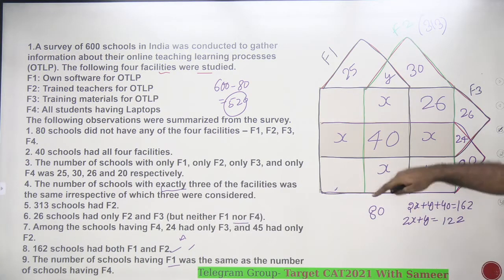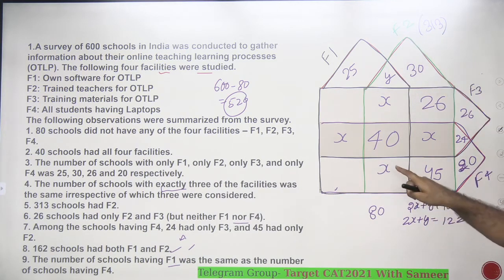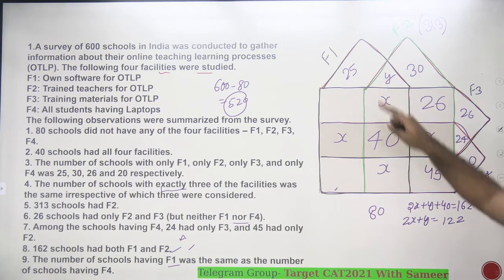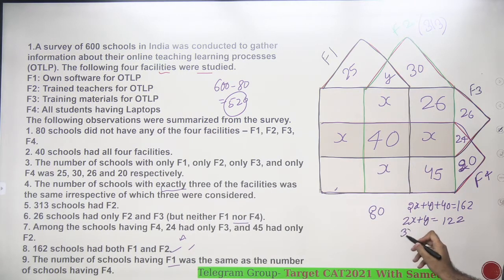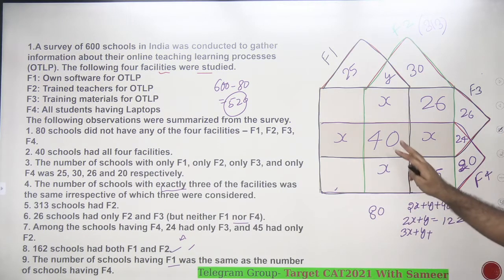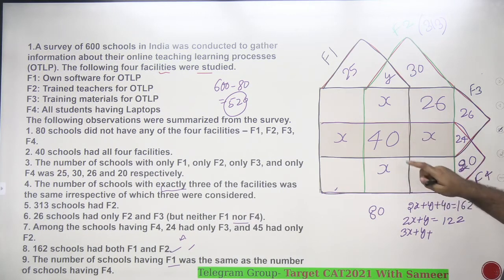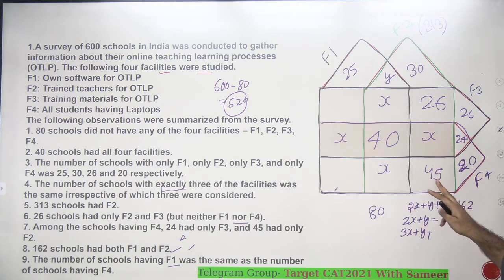And also I know that the total here is 313. So if I add them up, that is 3x plus y, plus 3x plus y, 40, plus 30, 70, 70 plus 40 would be 115. 115 plus 26 will be 141, plus 141 is equal to 313, right?